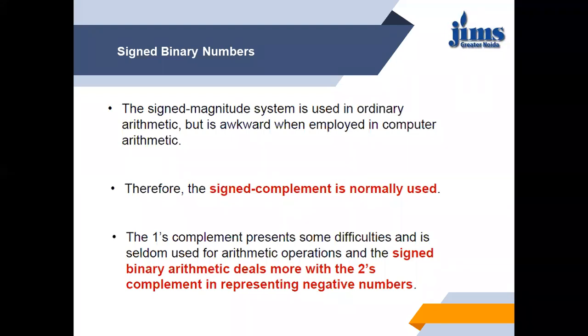What we do is represent the number in an 8-bit string, keeping its most significant bit 0, then taking its 2's complement. And for 2's complement, we take the 1's complement and add 1 to it.